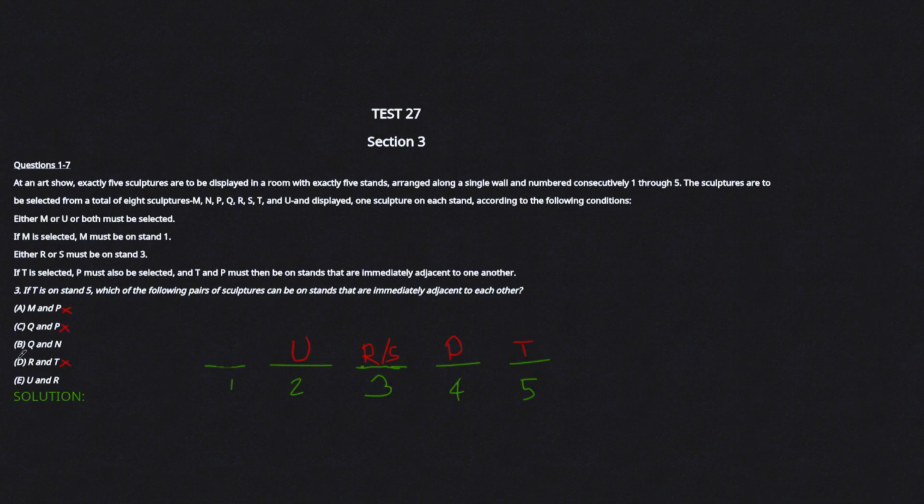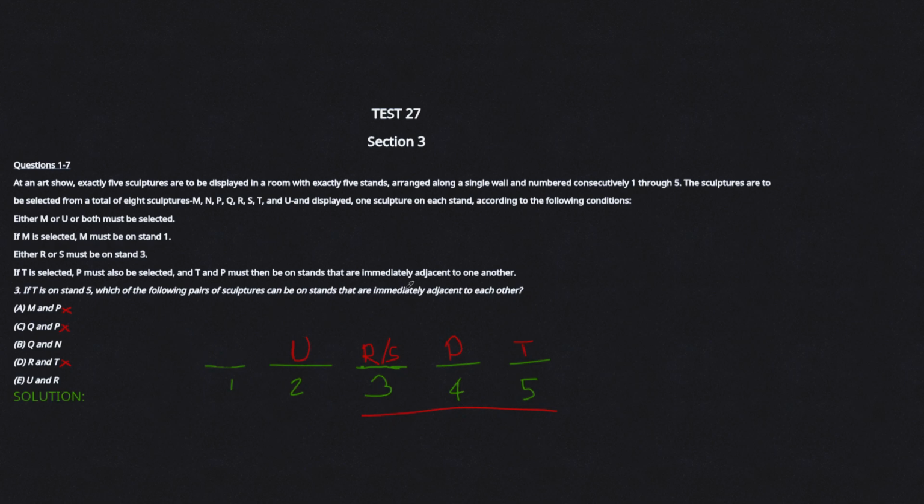But B is not possible. Now, why is that? Because we know 3 of the 5 are already selected. T has to be at number 5, P has to be at number 4, R or S has to be at number 3. And now we're left with 2 other options.